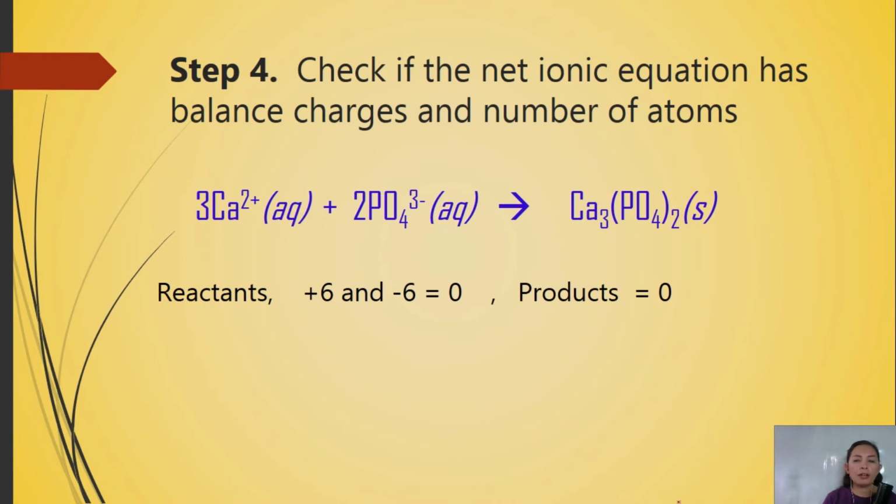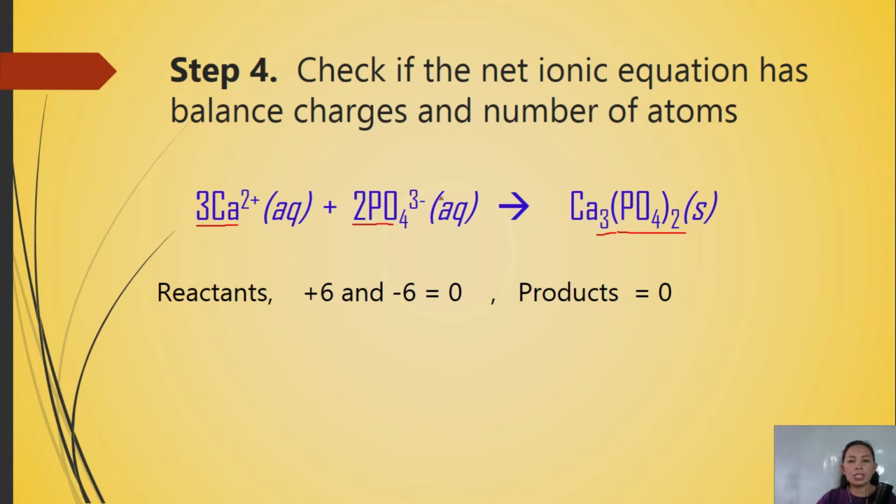Now, to check if the net ionic equation is balanced in charges and number of atoms, we have to check. 3 calcium. We also have 3 calcium. 2 phosphate ion. We also have here 2 phosphate ion because of the subscript.